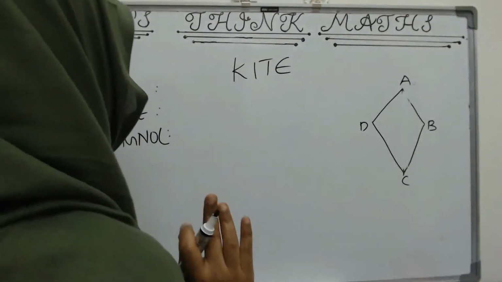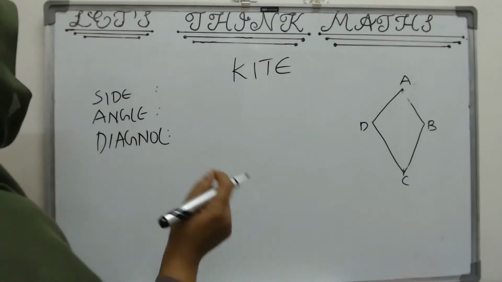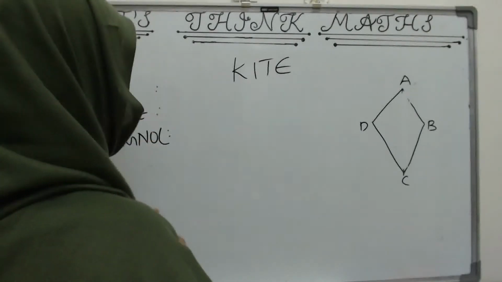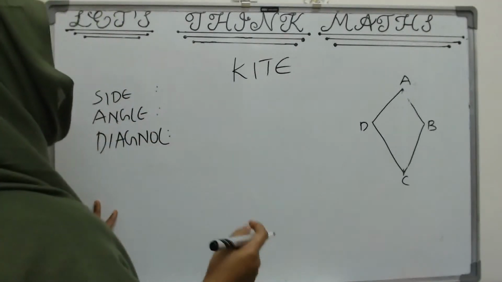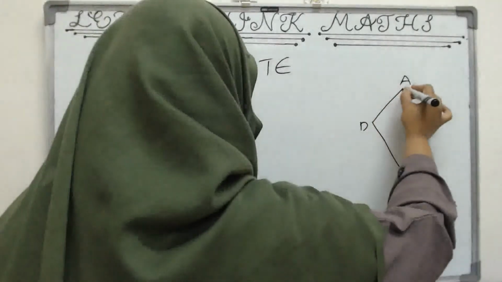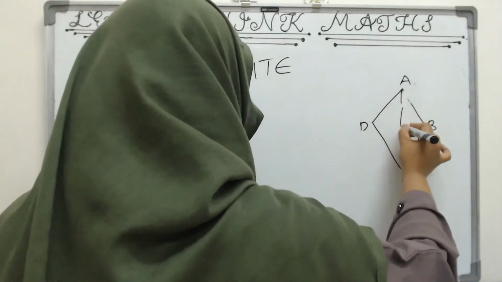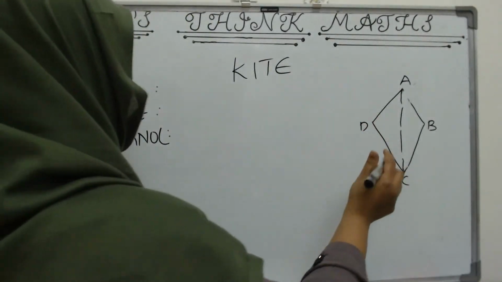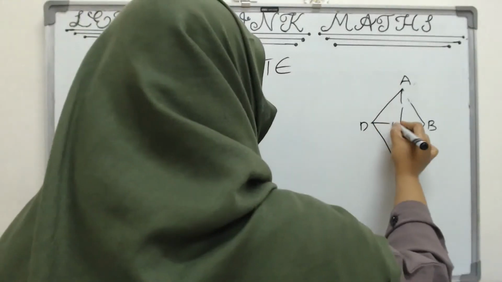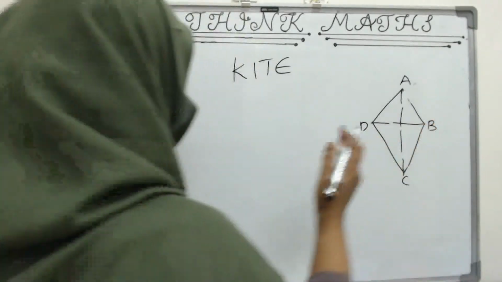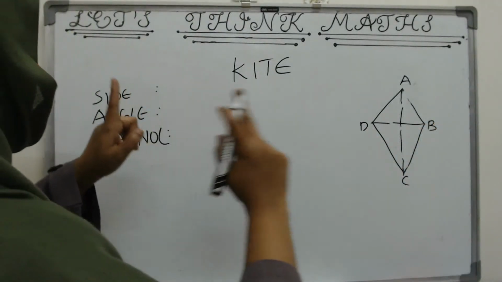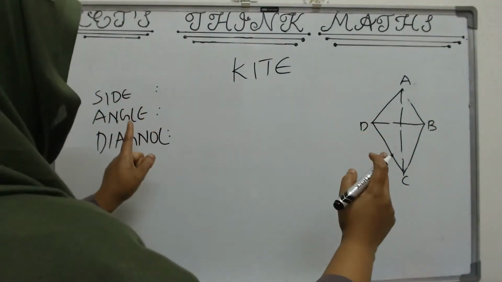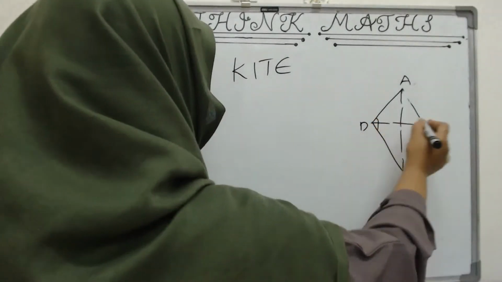We go on to the diagonals of the kite. There are two diagonals of the kite and clearly you can see that one is longer than the other. Now the longer diagonal is called the main diagonal and the smaller diagonal is called the cross diagonal. So the angles on either side of the smaller diagonal are equal.